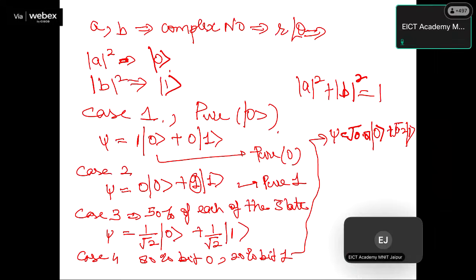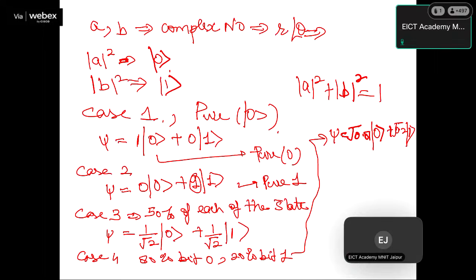So what does this quantum state show? Quantum states show that we can have either the lowest energy excitation level or the highest excitation level, or both at the same time. That is, we can have the superposition at the same time.